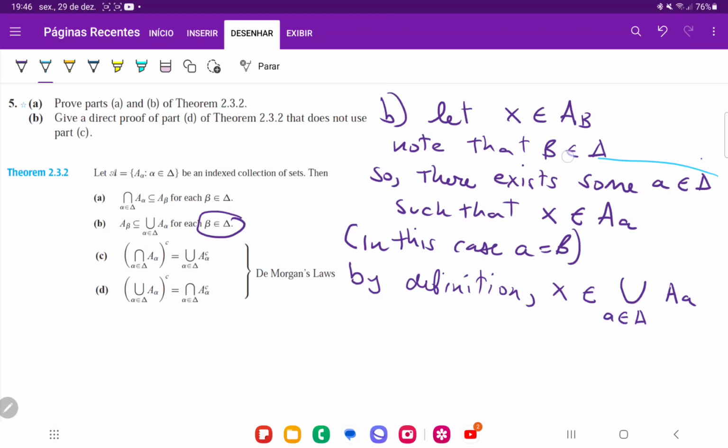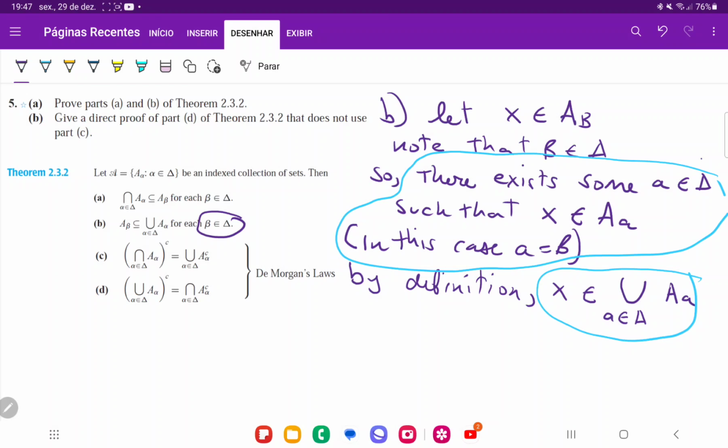The reason we said this may have seemed a little bit weird, that we chose to say there exists some alpha belonging to delta, given that beta belongs to delta. However, we said this alpha precisely because this is the definition for this union. And so once we've said this, we can then say, therefore, the intersection is a subset of the union. We took some element that was in A sub beta, and then we showed that it belonged to the union. So that's it for item B.